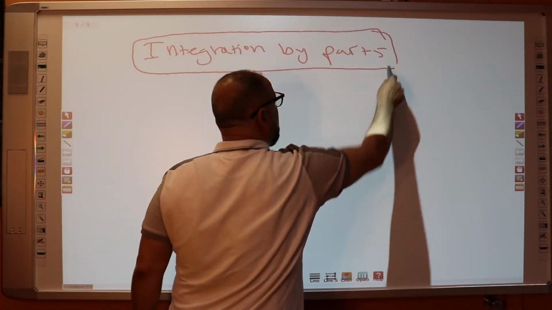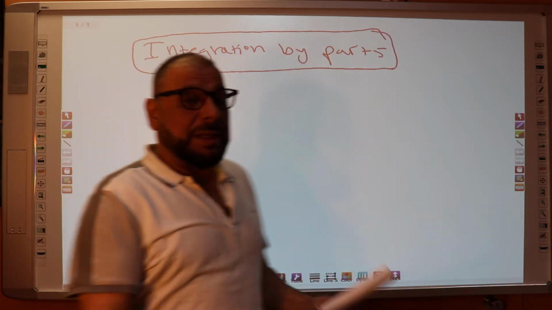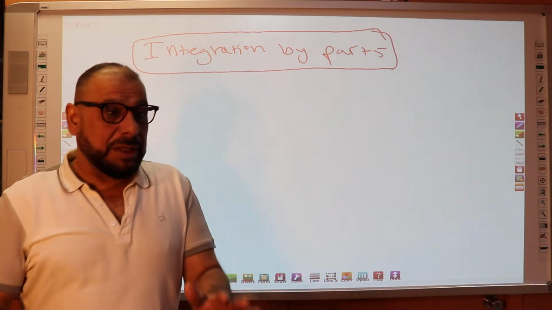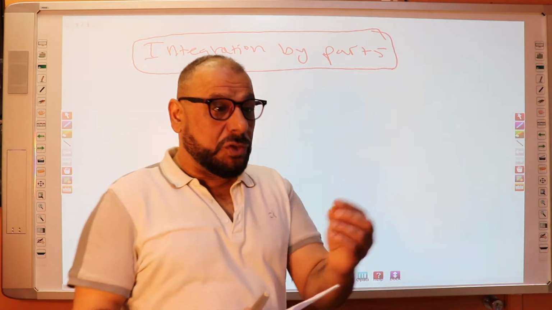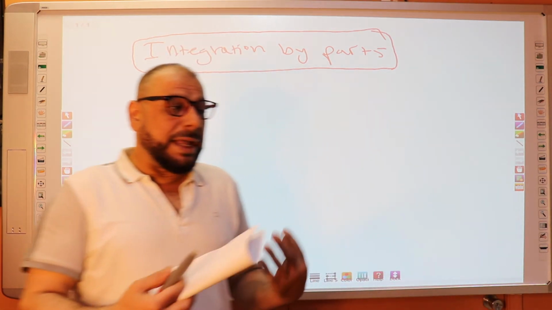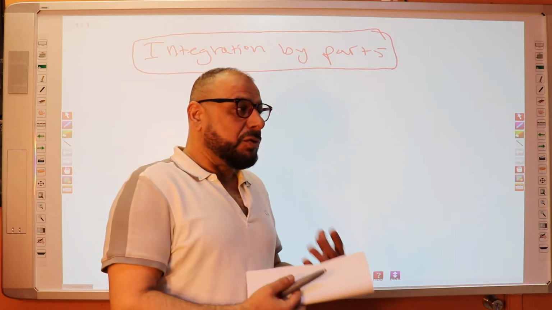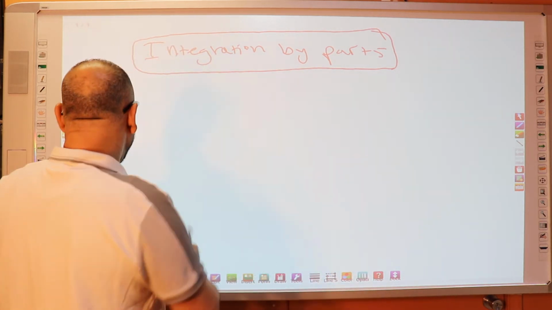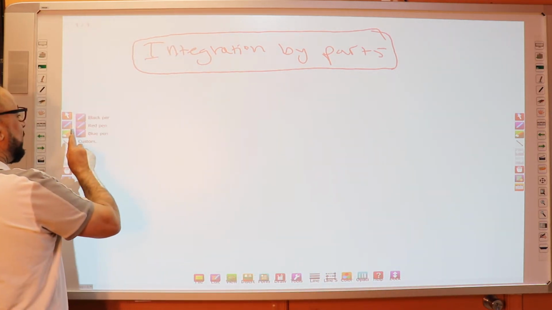Usually, in my college classes, I like to start my class with an example, to show the students what I mean by two functions, none of them is the derivative of the other. Look at this example. I'm going to have two examples.